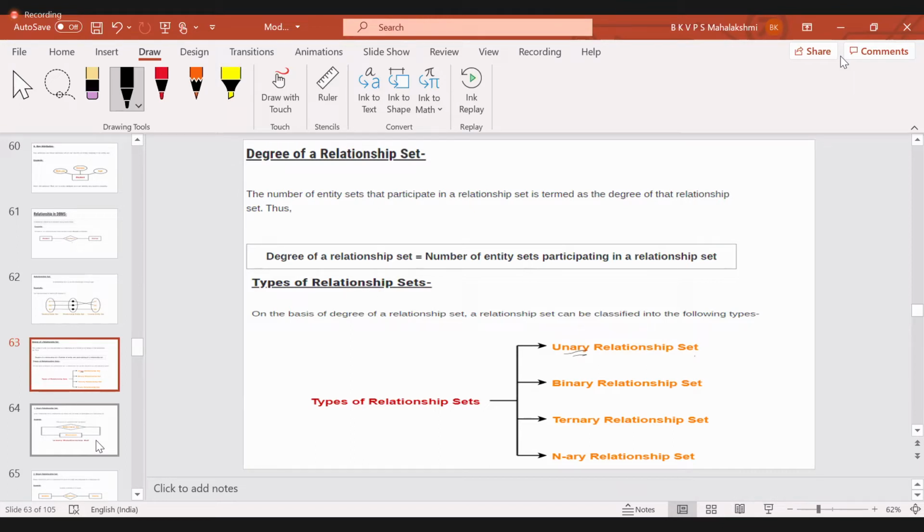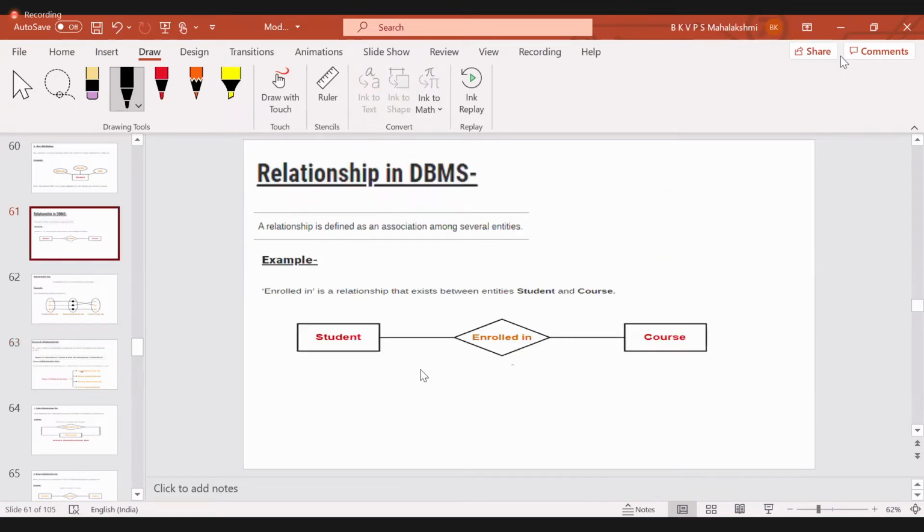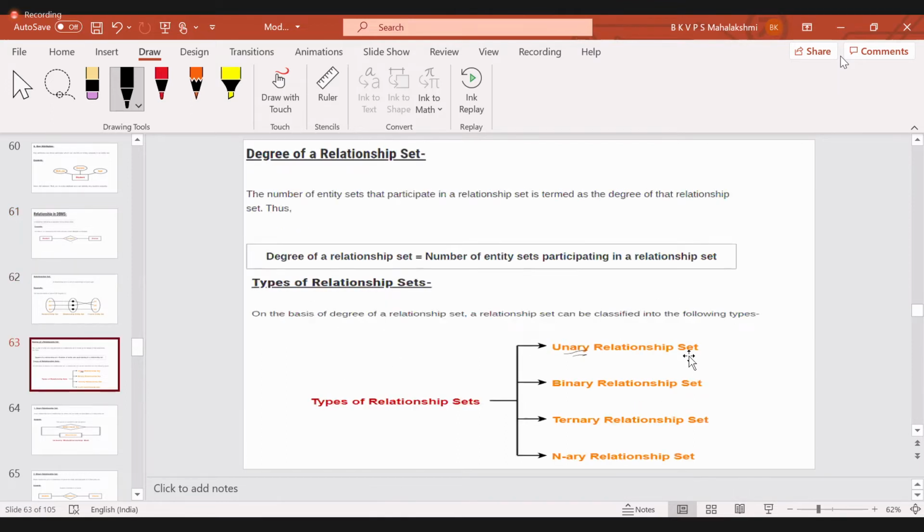But what is a binary relationship set? This is a relationship, and if you consider it as a relationship set also, how many entities are there? Two. So this is a relationship between two, hence we call this a binary relationship.